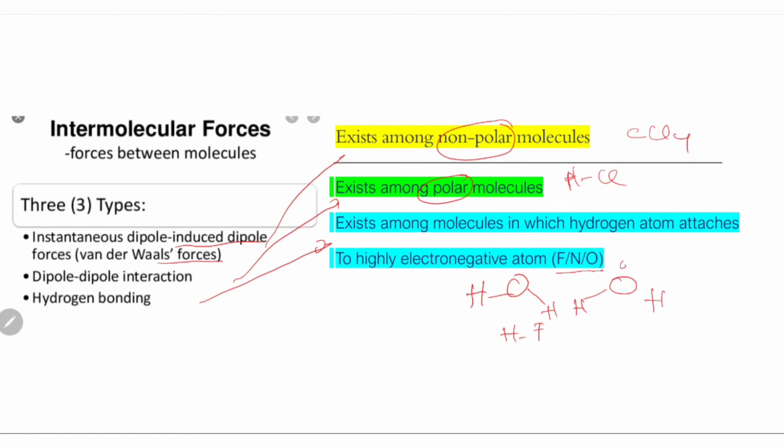So this negatively charged pole here, positive pole, then between the positive pole there is a hydrogen bond to the negative pole. Here the negative to the positive, that's hydrogen bond.